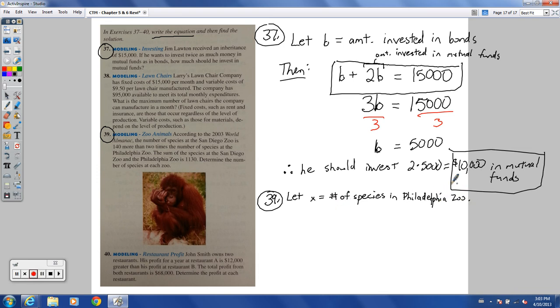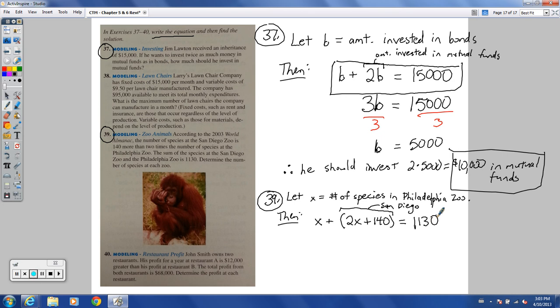So if that's the case, then this would be the Philadelphia Zoo right here, X, plus, and then this part would be the San Diego Zoo, 2X plus 140. So that setup says the sum of all the species at both zoos together is 1130.